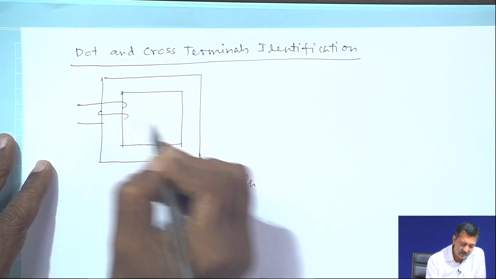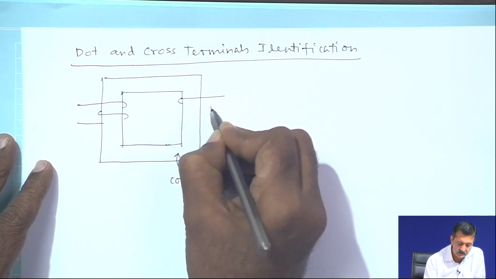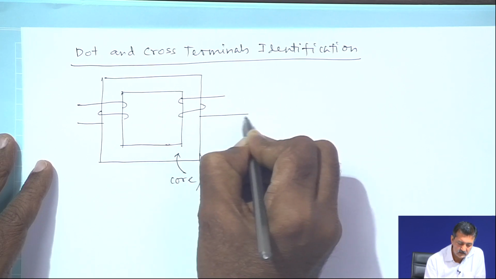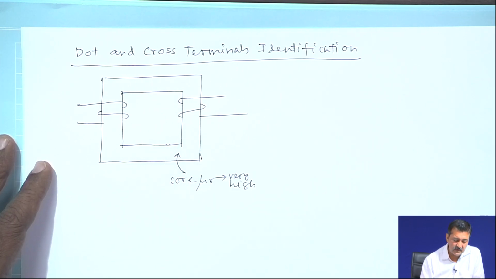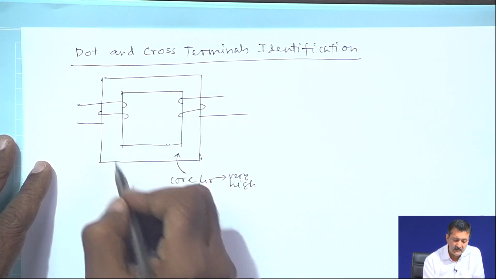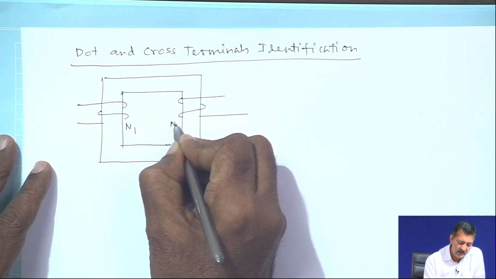And we put a coil here, and we put another coil here. Though I have drawn it as if the number of turns are equal, the number of turns can be different. So, the number of turns may be called N1 and N2.